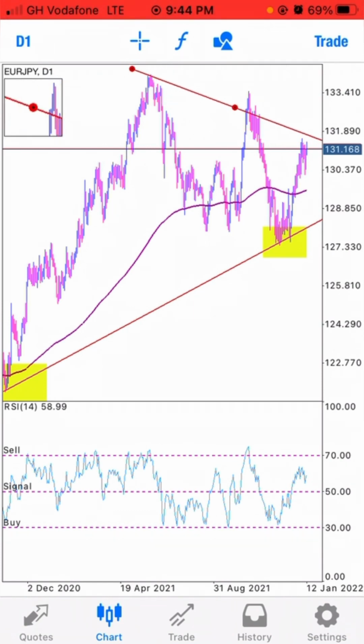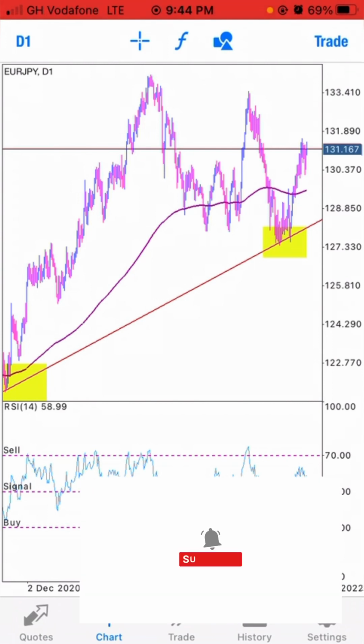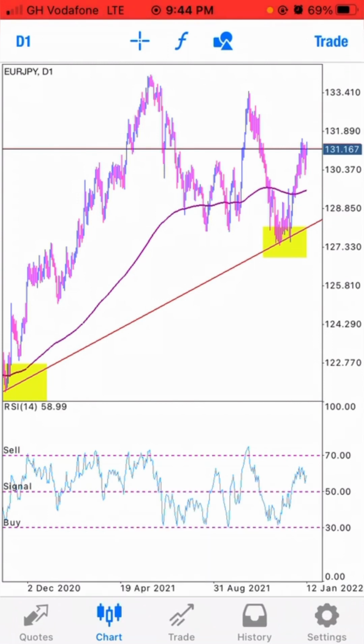So there's a possibility if price hits the trend line, it will start declining again. But because we are looking for the bullish moves or the buying opportunities, we will forget about the sales for now.